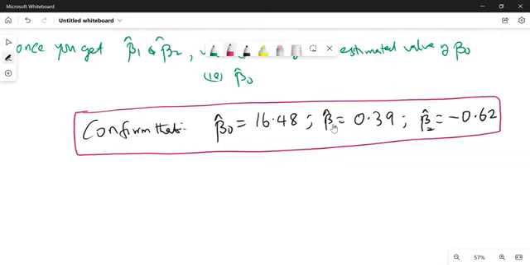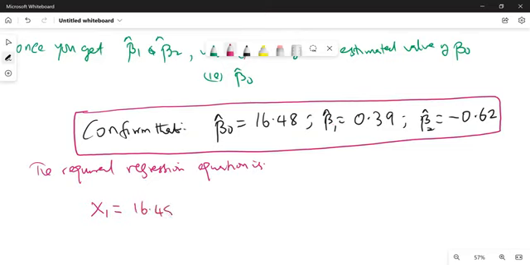So in that case, the regression equation is x1 hat is equal to 16.48 plus 0.39 x2 minus 0.62 x3. Of course, this is an estimated value, so you put a hat on top of x1. The predicted value of x1 is given by this equation.